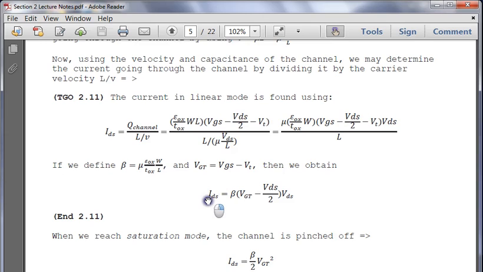The drain source current is equal to beta, which we define as the mobility, permittivity over thickness of the oxide times width over length, times VGT, which we've defined here as gate source voltage minus the threshold voltage, minus drain source voltage over 2, times drain source voltage.